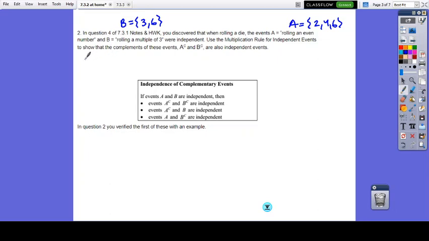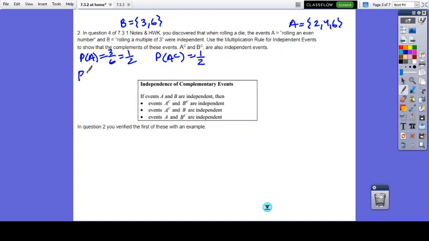Okay, so we already know A. We know the probability of A was 3 out of 6, or 1/2. There's three things there, 6 total, which simplifies to 1/2, which means that the probability of A complement is also 1/2, because you can do 1 minus the probability of A to find the probability of A complement. That's your complement rule.